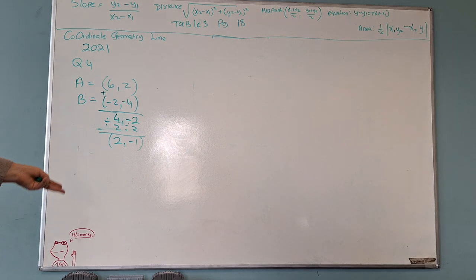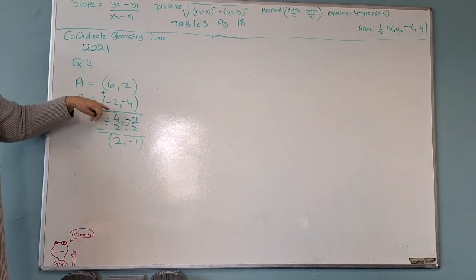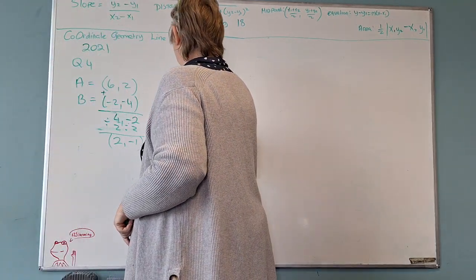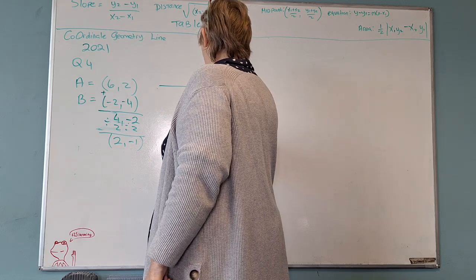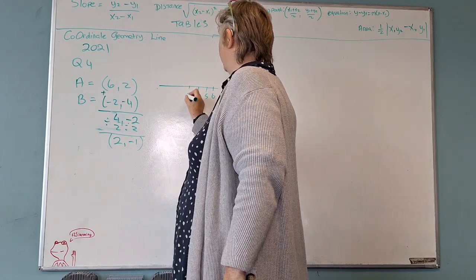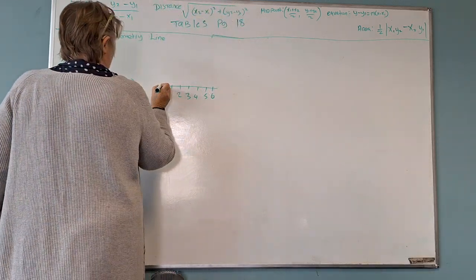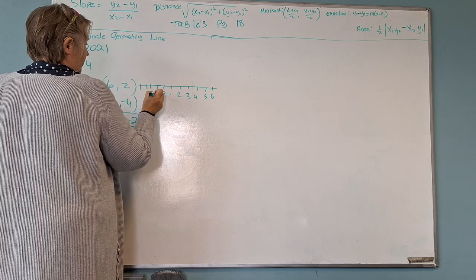Now, you can do it that way, just by common sense. You're just getting the numbers in between. Another way you can do it is you can draw out a number line. Okay, 6, 5, 4, 3, 2, 1, 0, minus 1, minus 2, minus 3, minus 4.